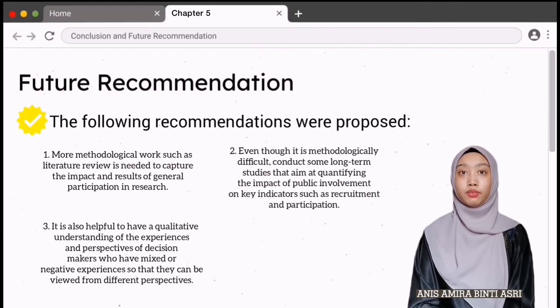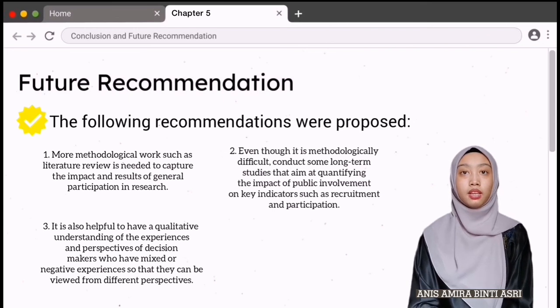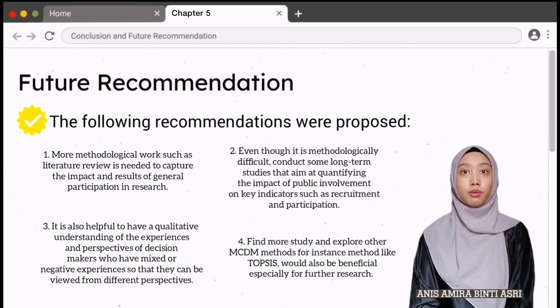Furthermore, it is also helpful to have a qualitative understanding of the experience and perspective of decision makers who have mixed or negative experiences so that they can be viewed from different perspectives. Lastly, find more studies and explore other MCDM methods. For instance, methods like TOPSIS will also be beneficial, especially for further research.